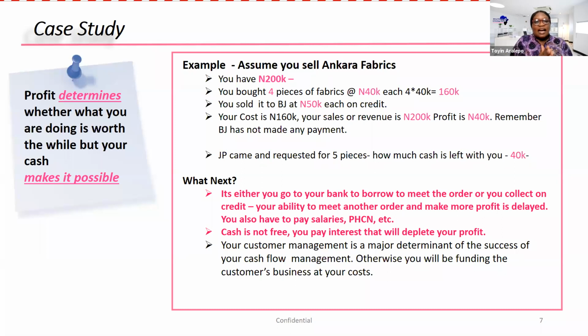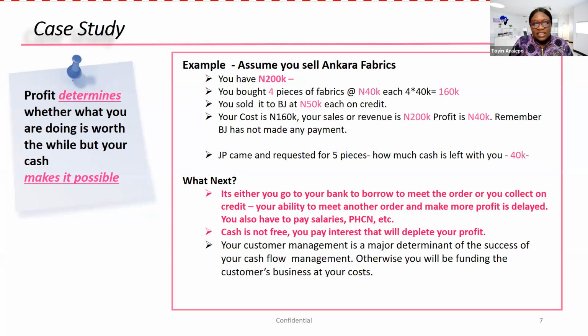Let's assume that you have saved up this 200,000, or maybe you borrowed it from your friend or from a family member, and you bought 4 pieces of fabrics. Let's assume that each of the fabric costs 40,000 naira. So the total cost of the fabric is 160,000 naira. So let's assume that you sold it to BJ at 50,000 naira each, but you sold it on credit. You didn't collect the cash immediately.